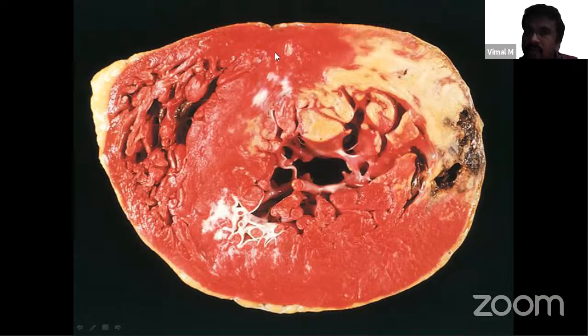Viable tissue shows a mahogany brown color, and infarcted tissue will not take up the stain, whereas a site of previous MI would have resulted in scar tissue, and that scar will give you a gray-white appearance. This is triphenyl tetrazolium chloride.